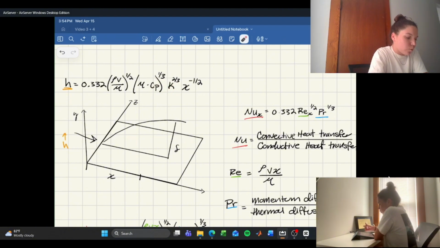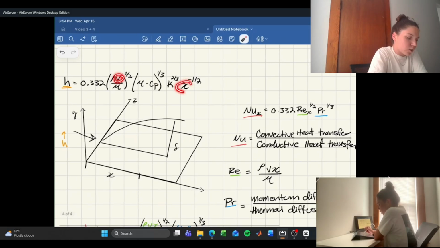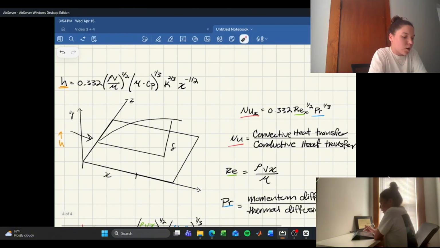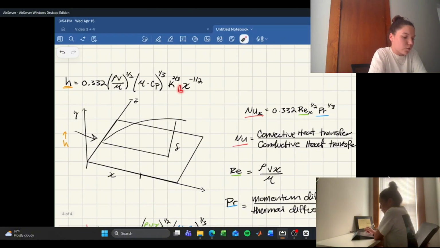If it's going to be one fluid, we won't be changing the viscosity or the density of it necessarily, so those don't really impact the heat transfer. We can look at the velocity or we can look at the length. So we could increase the velocity to make heat transfer increase, or we're really going to focus on the length.